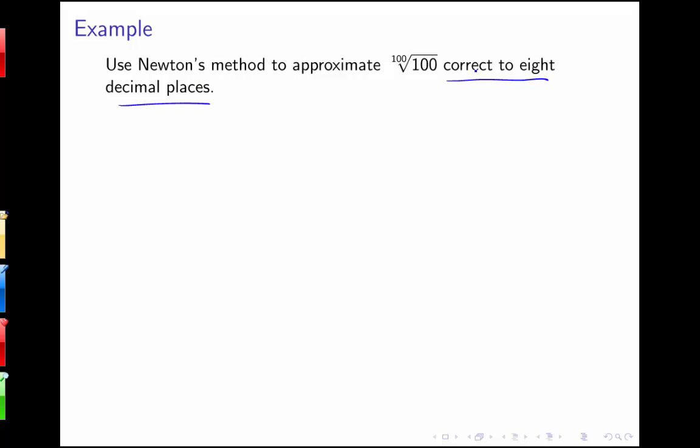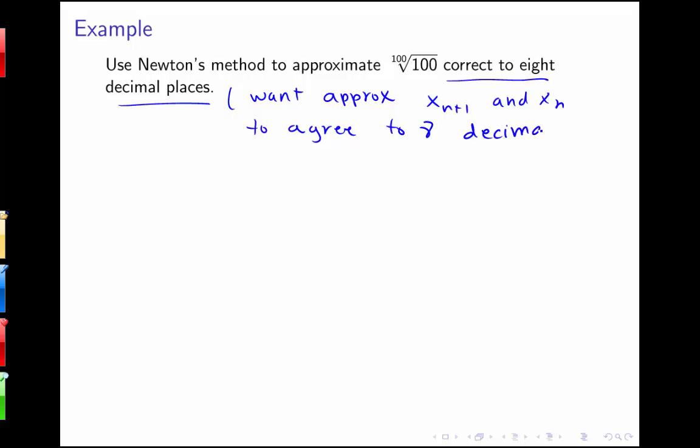So when we say that we want it correct to 8 decimal places, we mean we want approximations xn plus 1 and xn to agree to 8 decimal places. And when we get that to happen, we'll stop.